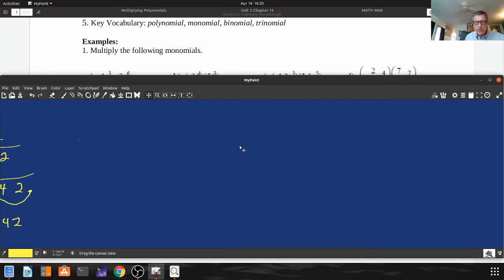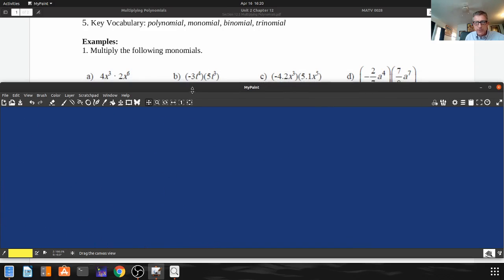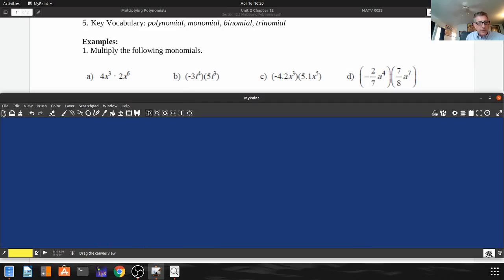And let's do this next one. So again, this is not bad either, because multiplying fractions are the easiest of all things. So I'm multiplying minus 2/7 a to the 4th.